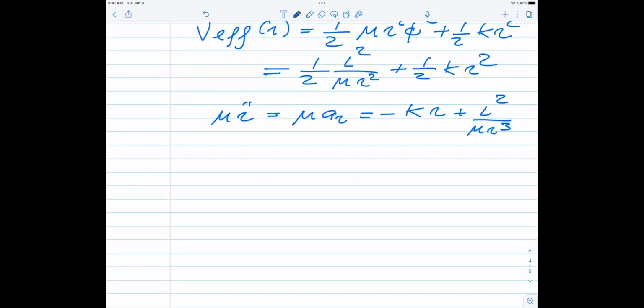So that equation there is an equation we want to solve. And actually that equation is easier to solve in Cartesian coordinates. If we use polar coordinates, this is a kind of clumsy way of trying to solve the same type of equation of motion. Because in Cartesian coordinates, we have a cosine and sine solution.